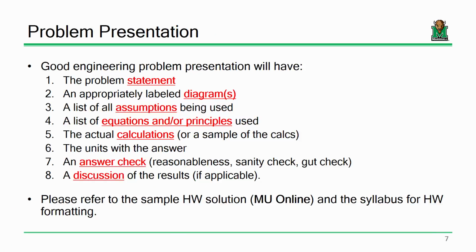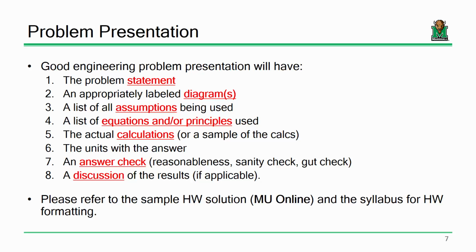So here's just a review of what I showed you in that example about presenting your calculations, the components of a problem presentation. You'll repeat what is the problem statement, or at the very least summarize what you're trying to find. Step 2, you'll put together a diagram and label what's on the diagram, maybe length, width, height, or a sketch that shows the pieces of it.